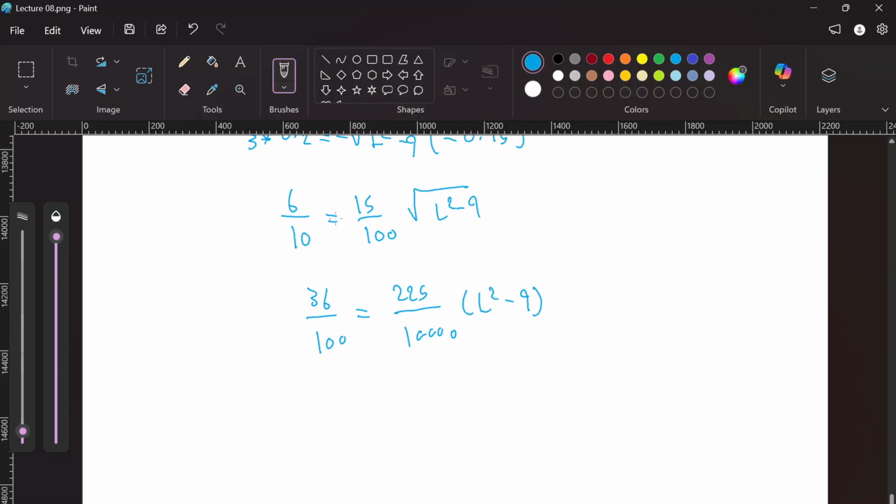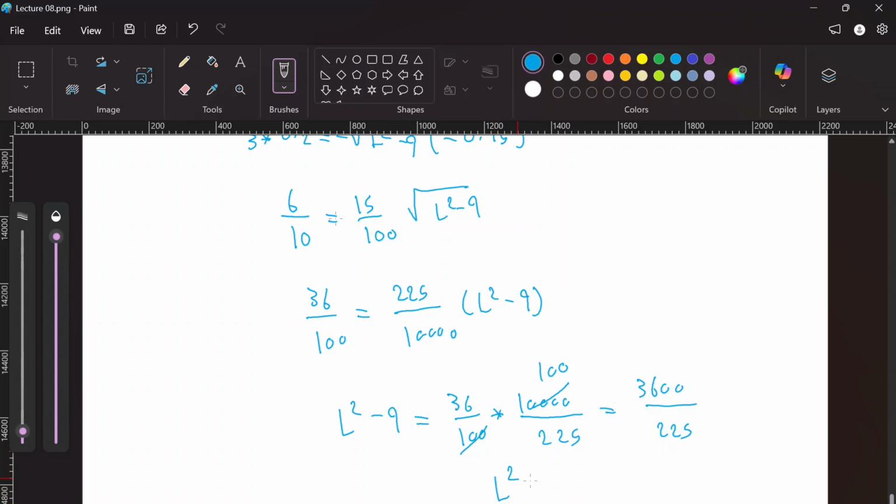Multiply both sides by 10,000 divided by 225, and then you simplify. So we have 3600 over 225. I will use the calculator in a moment.